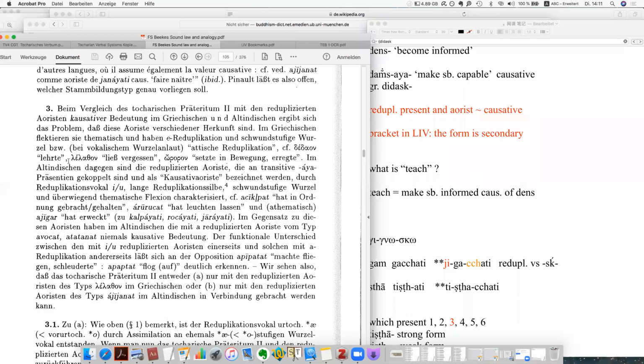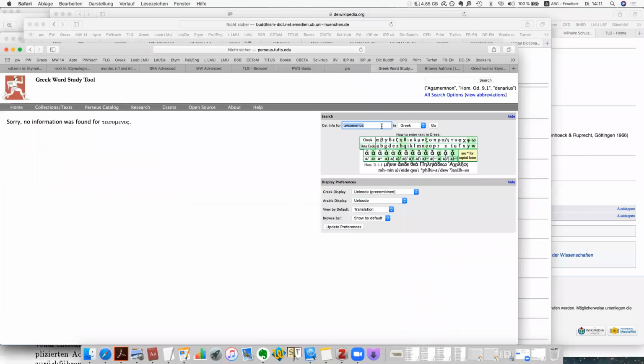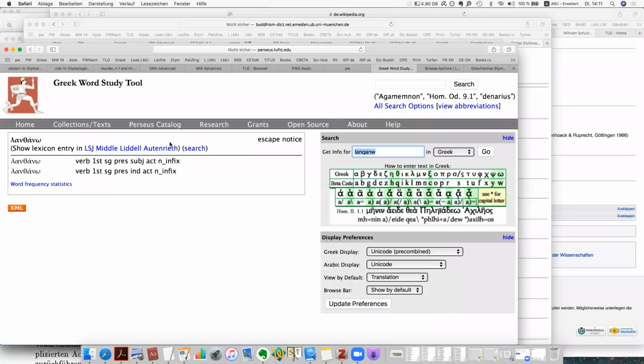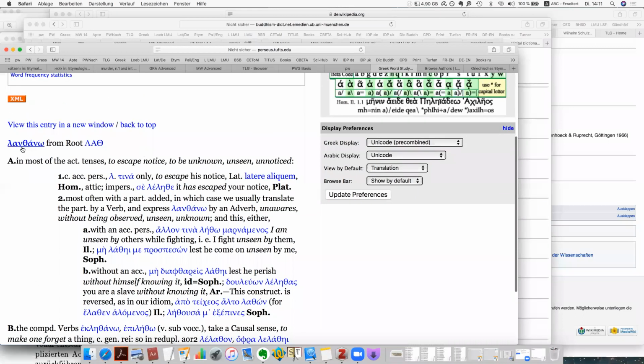Yes, so this one. This is the example we have already mentioned. It's called dedaon, right? And then this is another example called lelason. Let's check the Greek dictionary. In the Greek dictionary, there's a word called lansano, right? In Greek, lansano means forget.